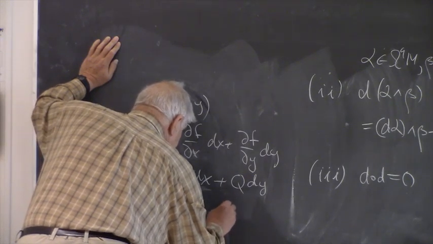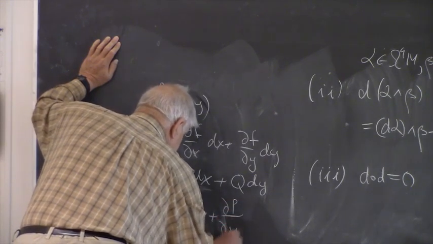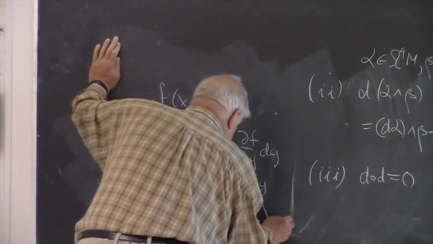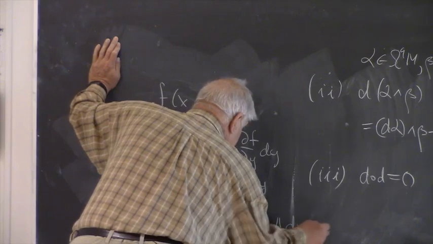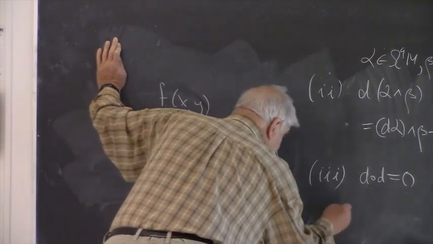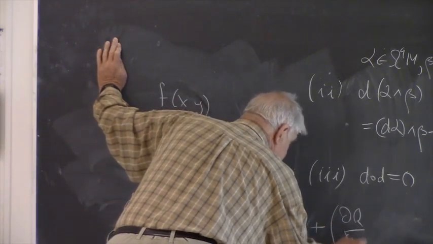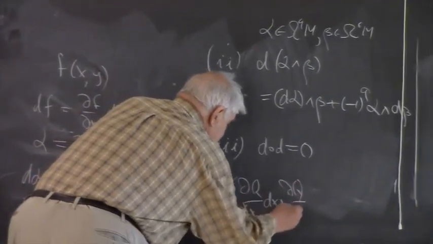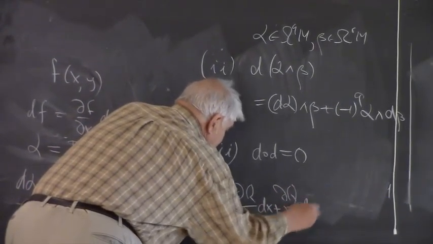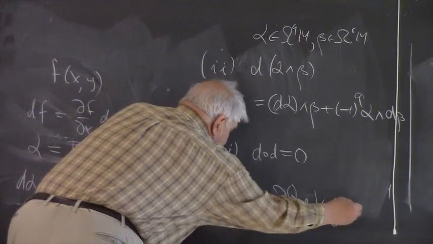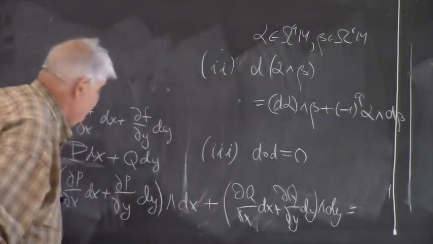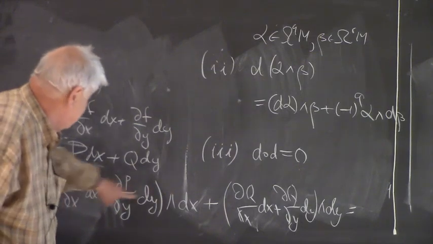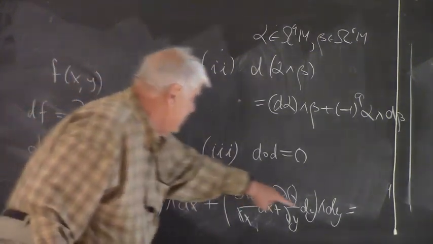It is dp times dx plus dq over dx, dx plus dq over dy, dy, dy. Now look at this expression. Four terms, but two of them disappear immediately, with dx times dx here and dy times dy here.